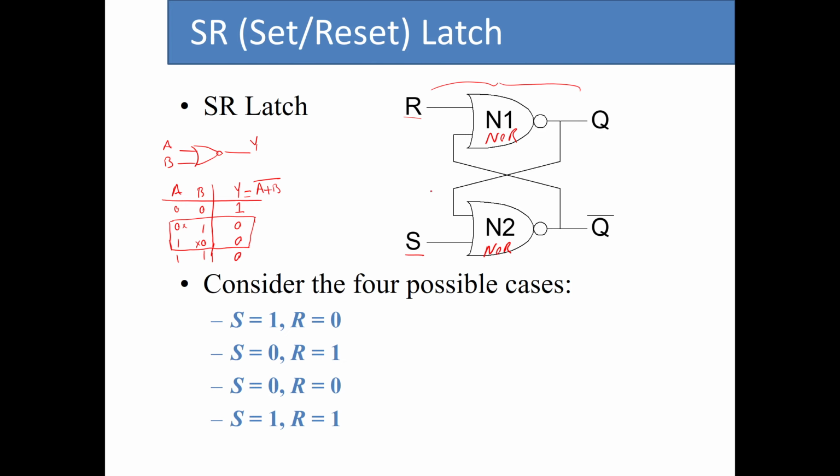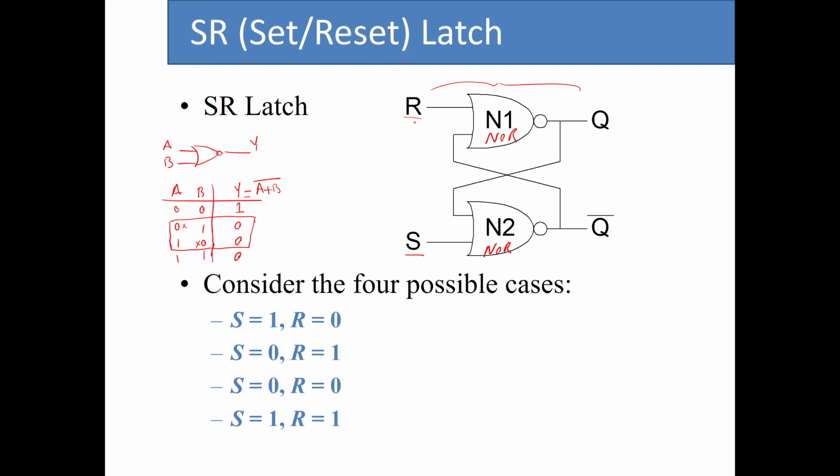Since we have R and S as the inputs and Q and Q bar as the outputs, that means we can create a truth table too. On the left side we have the two inputs S and R. On the right side we have Q and Q bar as the outputs.